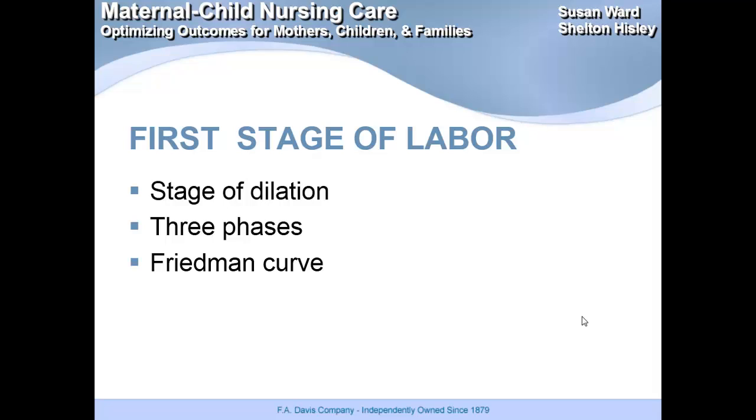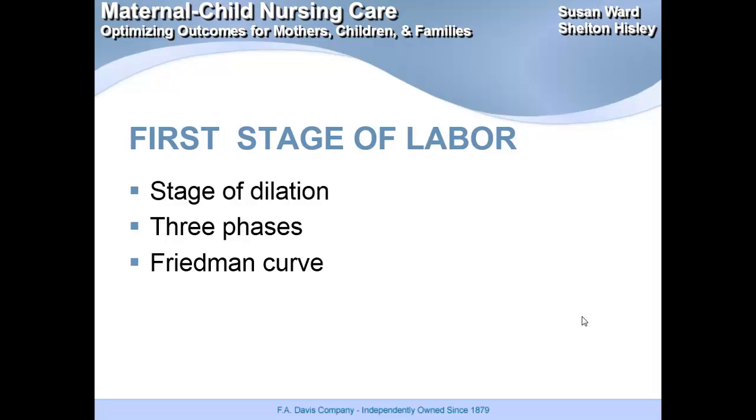The multiparas, the women who have had more babies, will progress quicker because their cervix dilates at 1.5 centimeters an hour versus a woman who has not had a baby, hers goes a little bit slower. So you're pretty much going to count on the multiparas delivering quicker if you're taking care of multiple women in labor.